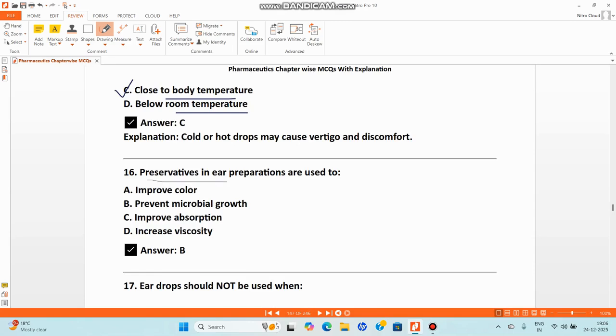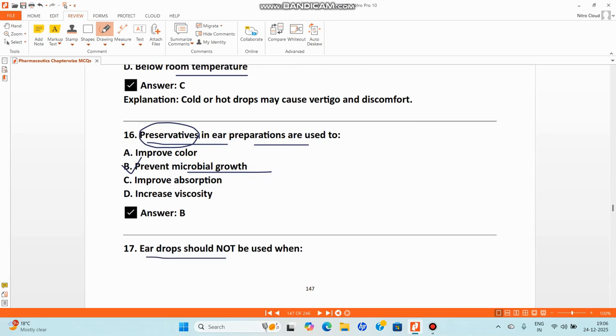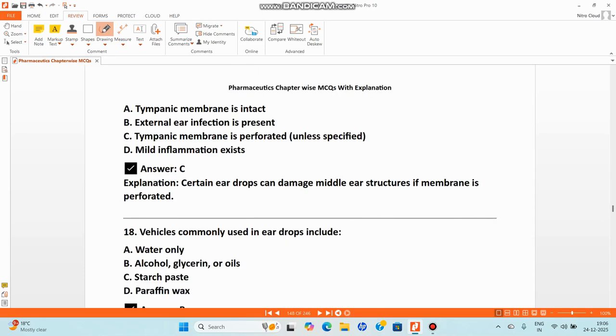Next, preservatives in ear preparations are used to what? Prevent microbial growth. Once again, the main function of a preservative is to prevent microbial growth. Ear drops should not be used when the tympanic membrane is intact, external ear infection is present, the tympanic membrane is perforated, or mild inflammation exists.